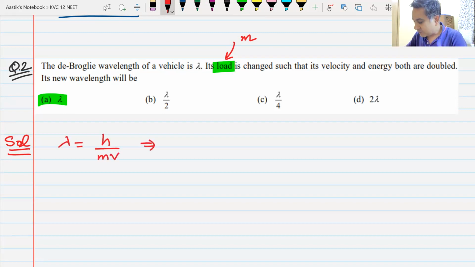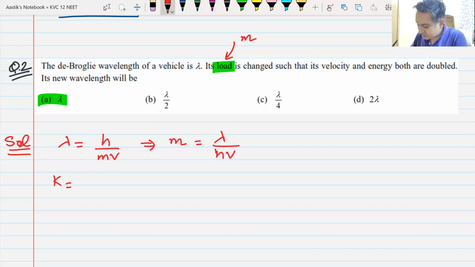I don't know the change in mass, so I have to convert it into the change in velocity, so I'll eliminate mass from here. So mass will be lambda by hv from this equation.